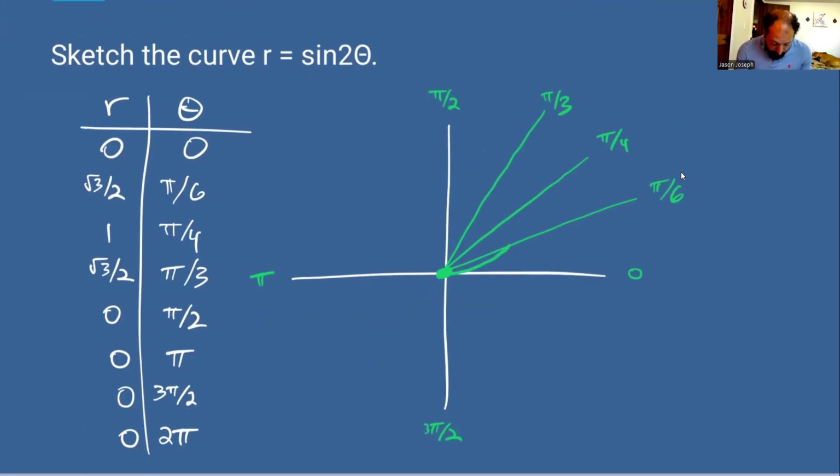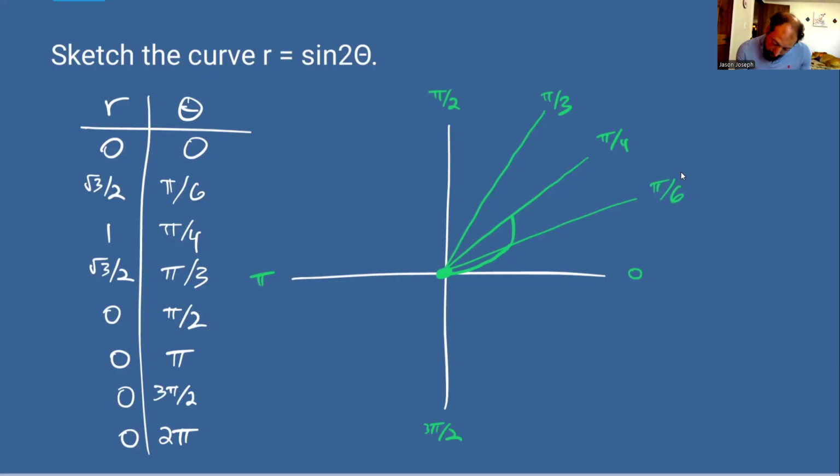And then that's a little bit less than 1. So I keep on coming out, and sine of pi over 2, that's the maximum value of sine, 1. So that's a radius of 1 right there.